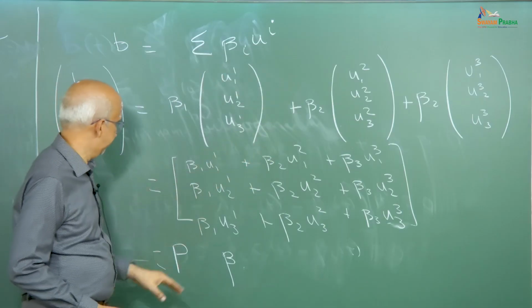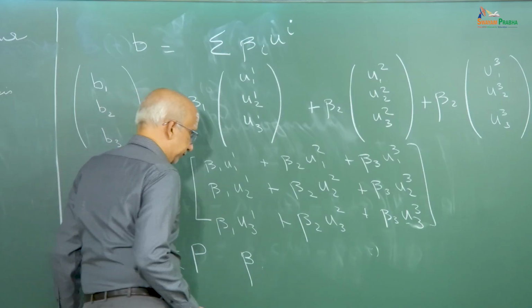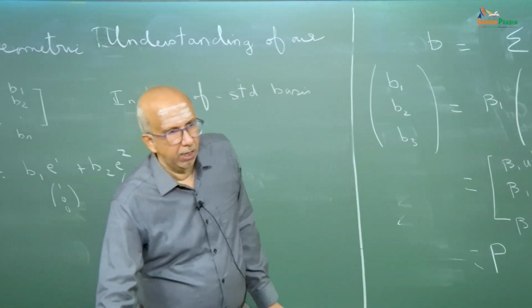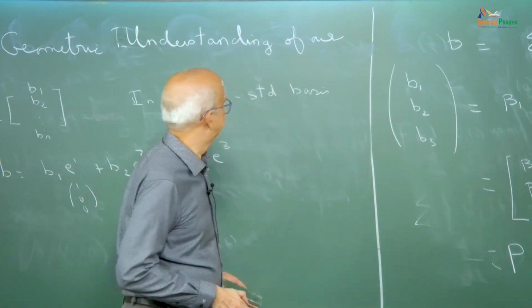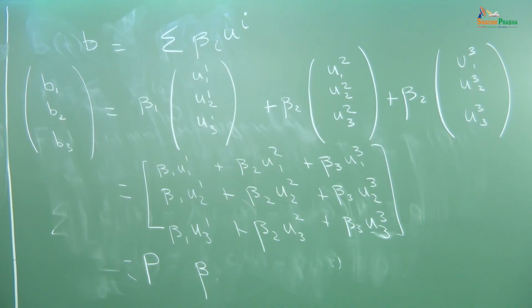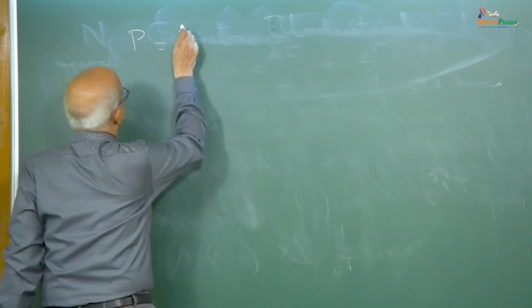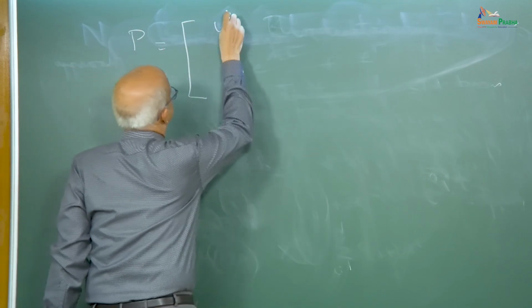And what is P times beta? What is P? P is a matrix which contains the eigenvectors as columns.